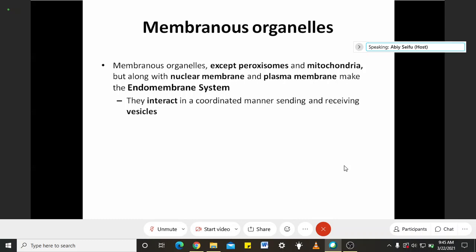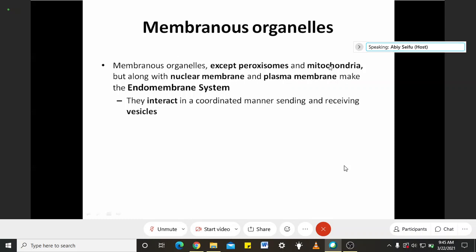So those organelles which are interacting with each other are named as the endomembrane system. This includes all membrane-bound organelles except peroxisomes and the mitochondria. These do not interact with the other organelles I mentioned, nor with the plasma membrane.